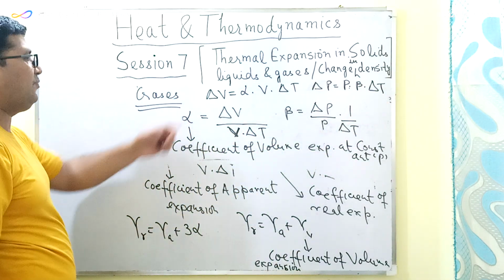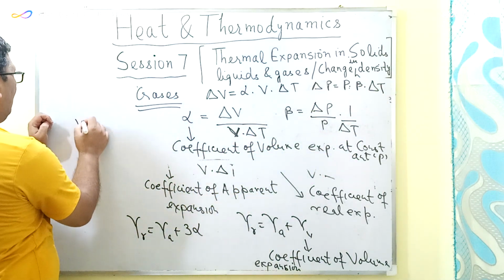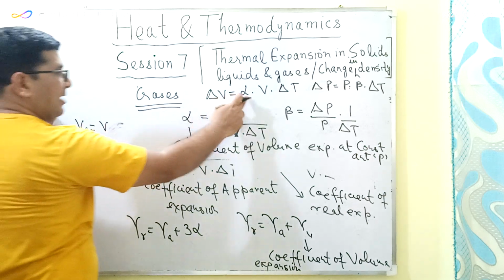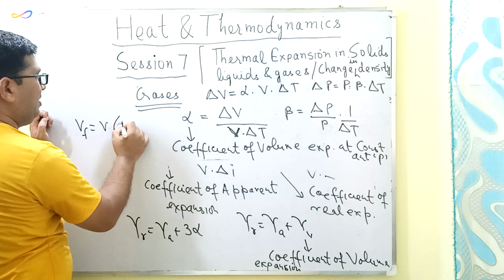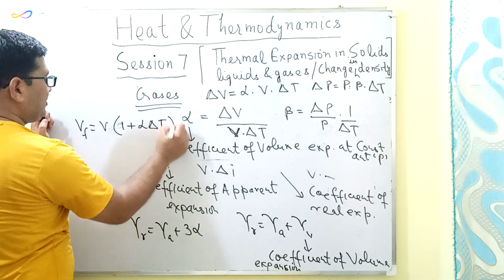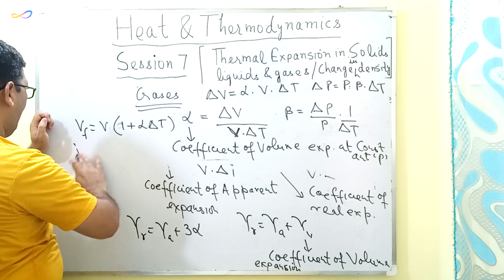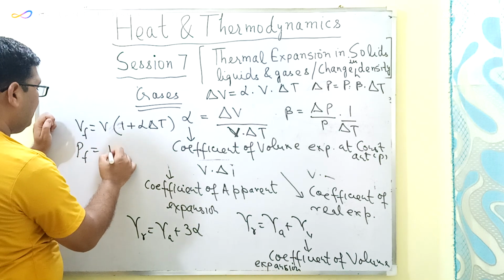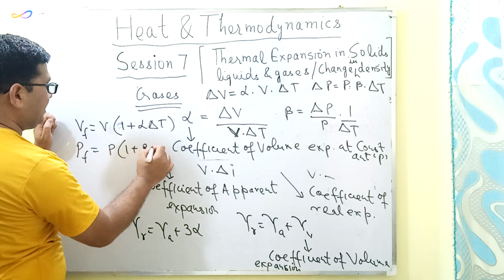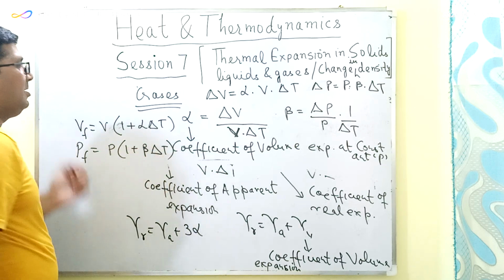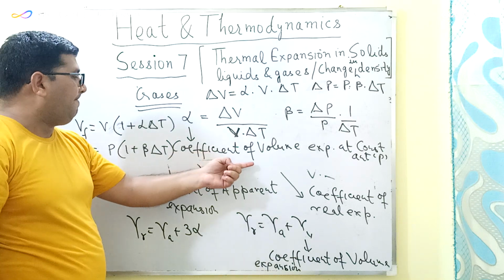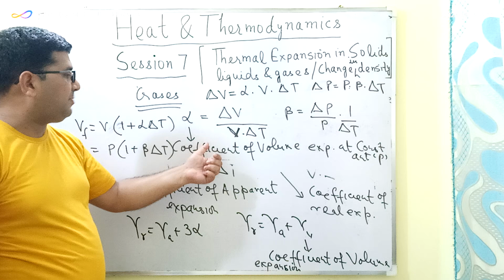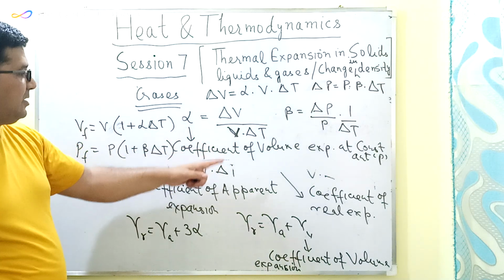So from here you can also find the final volume, that is Vf can be written as V plus alpha V into delta T, so V can be taken as common, 1 plus alpha delta T. Similarly, the final pressure, that is Pf, can be written as P common, 1 plus beta delta T. So in the gases there is only a volume expansion, and it is of two types.